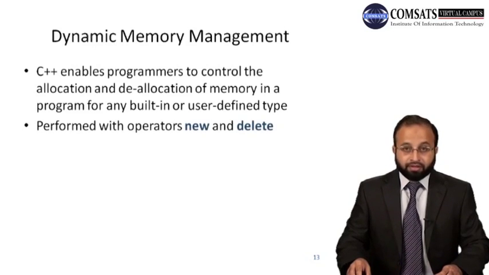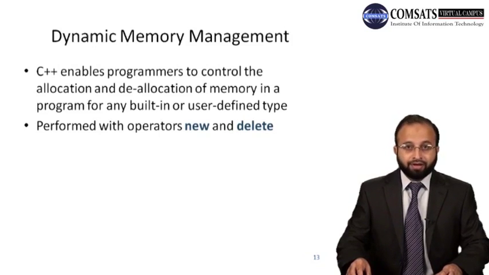It is performed using the new and delete operators, while in C we use the malloc function to allocate dynamic memory and the free function to deallocate that memory. Here we will be using the new operator to allocate memory dynamically, and we will use the delete operator to delete that memory location that is allocated dynamically, that is at execution time.